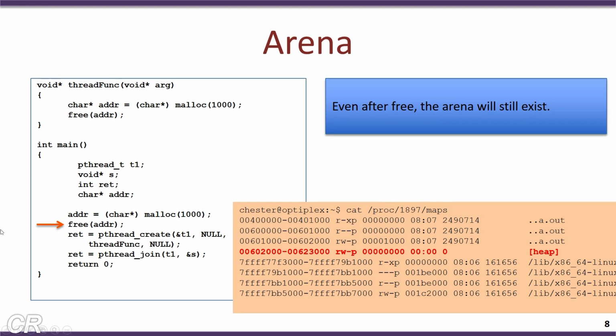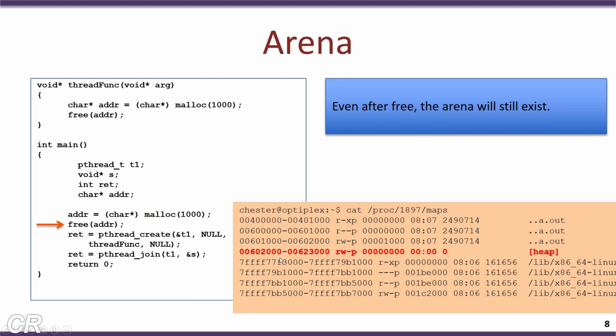Now, when the program next invokes the free function with that particular address, what we notice from the maps is that the heap segment is still present. In other words, we are freeing this 1000 bytes which has just been allocated, and from the memory maps you would see that even after freeing that address, the heap remains the same.